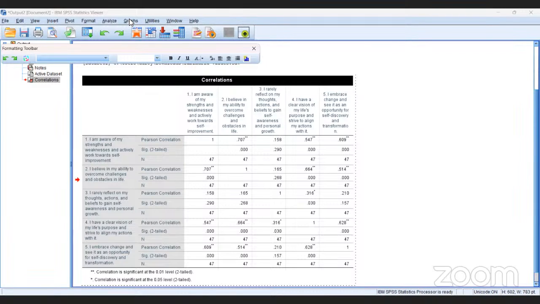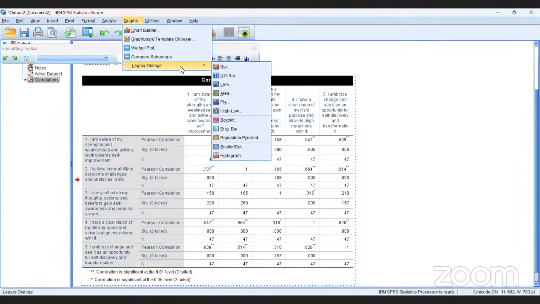So now here I am going to show you the graphs, 1 and 2. You will get the scattered dot.